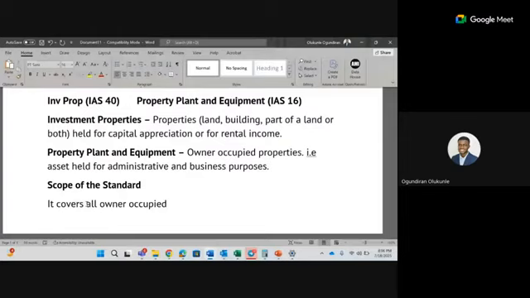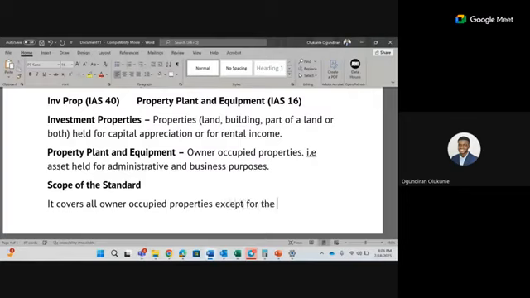It's clear. Okay. So it covers all owner occupied properties. Don't forget, owner occupied properties in this context will be properties held for administrative purposes and business purposes, except those that are specifically covered by other standards.